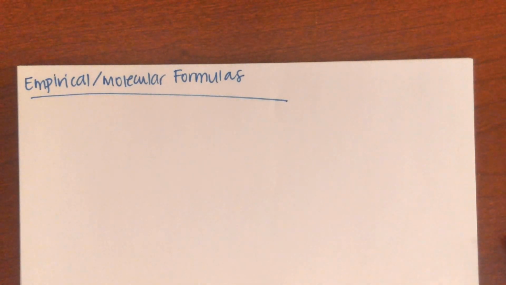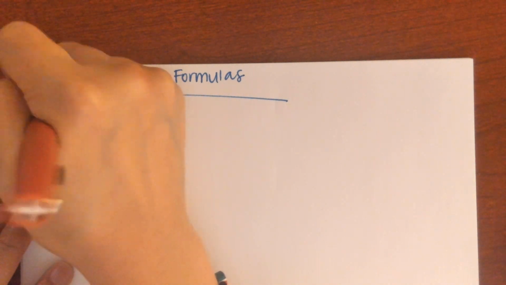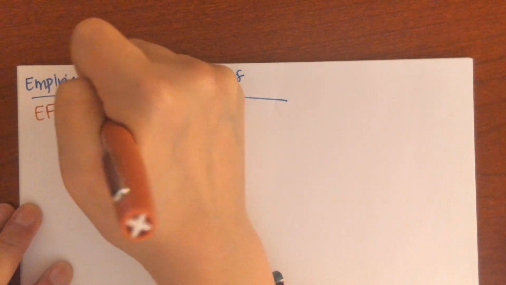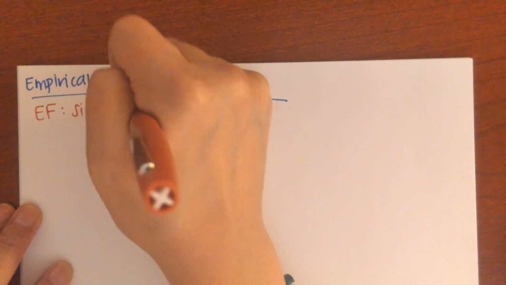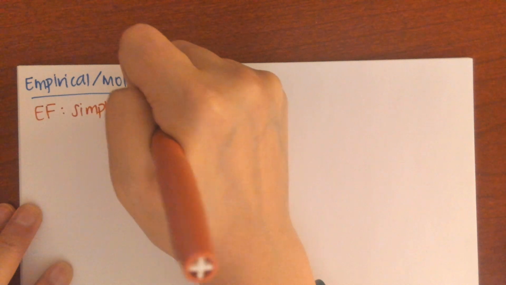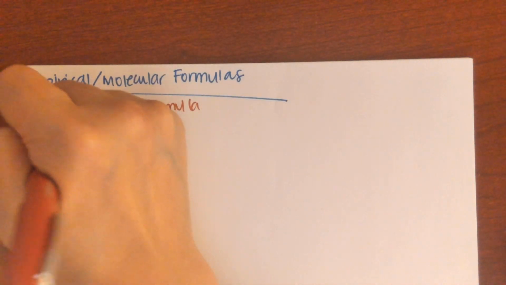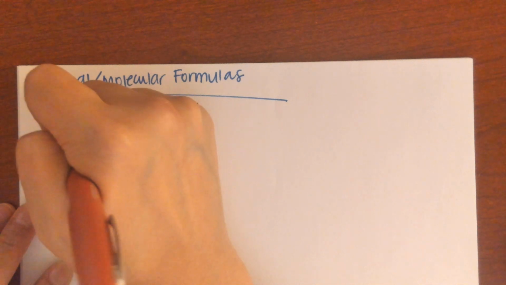Alright, so the difference between empirical and molecular. So I'm just going to abbreviate EF. So that is the simplified version of a compound. So simplified formula. And then molecular formula is the unsimplified.